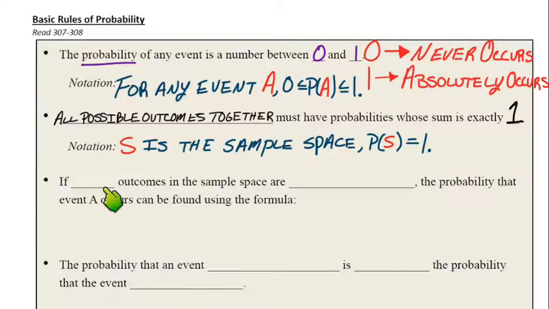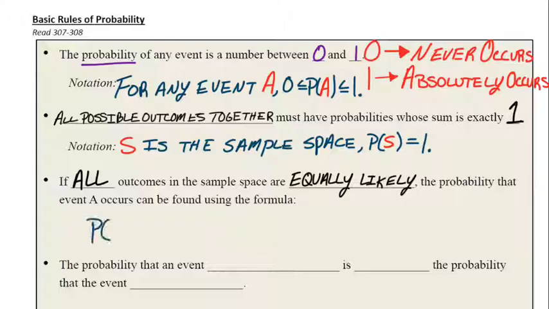The third rule, if all outcomes in the sample space are equally likely to occur, the probability that event A occurs can be found using the formula, and this one's pretty implied.